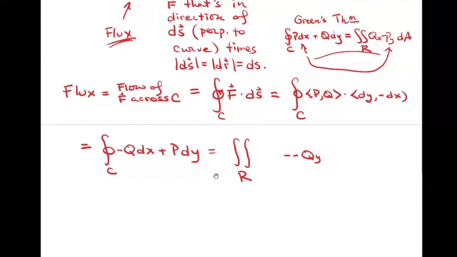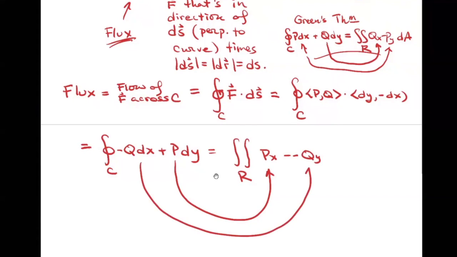And then the second one is the q. I take the partial with respect to x and put it first. So here, the p, I take the partial with respect to x and put it first. So I would have a px here. Okay, and then I get the dA.